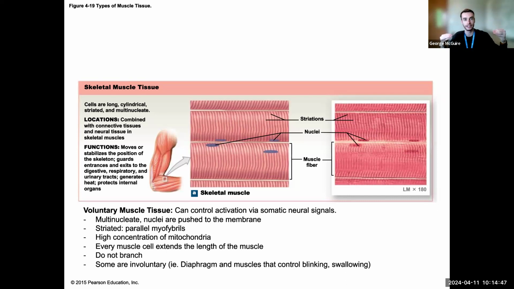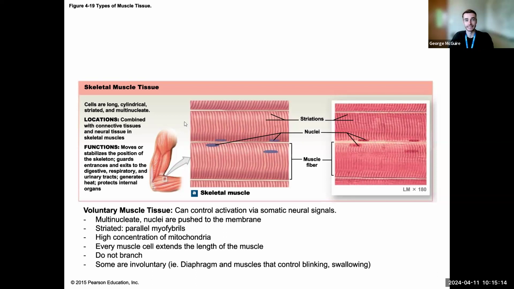And so those are created by multiple immature muscle cells that end up fusing their cytoplasms together. And so you end up with a multinucleate cell where you have multiple nuclei along that stretch. And this is one of, I think, two, maybe three cell types in the human body that has multiple nuclei. So skeletal muscles are unique from our other muscle tissue because they are multinucleate.